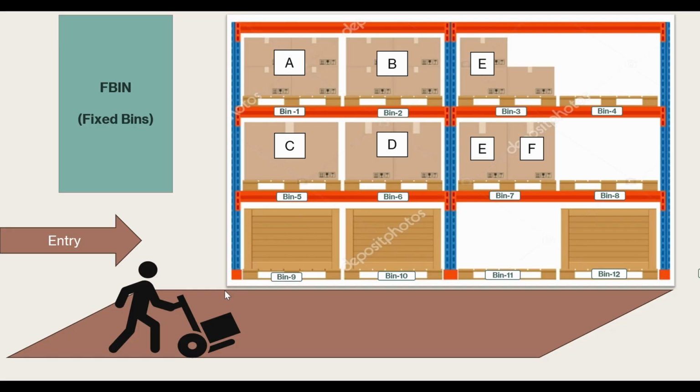Whenever you receive this product E, the system will first check the capacity in this location. If it is filled, then the system will propose to put away your product in the next location along with the product F. Let me go to the SAP screen where I will explain all of these things.